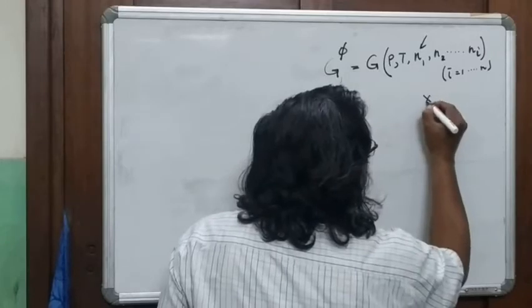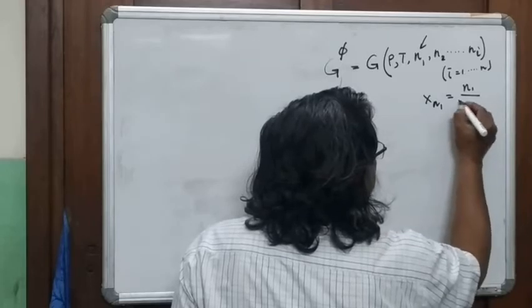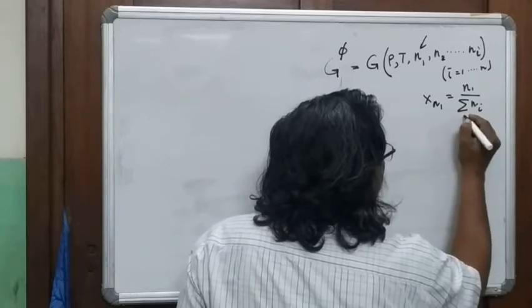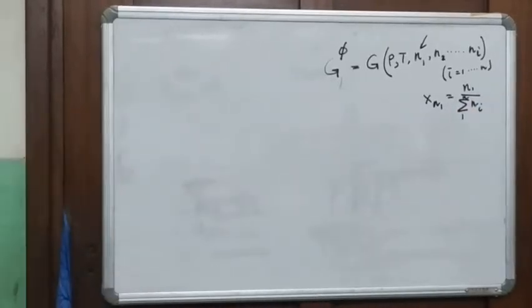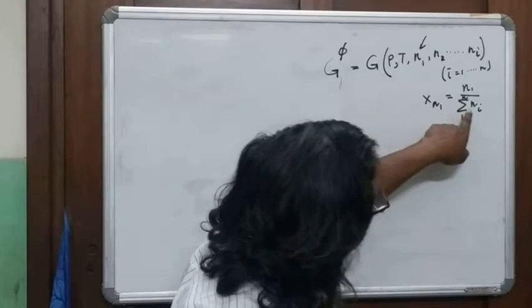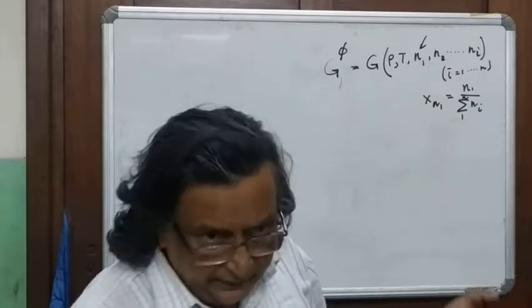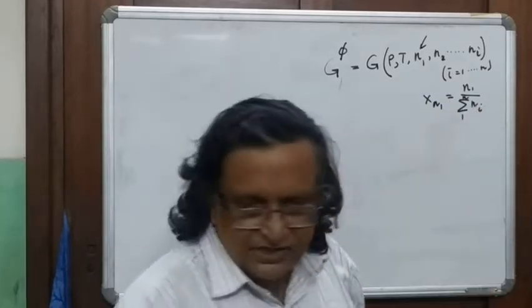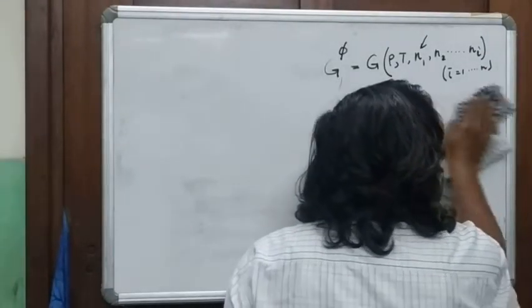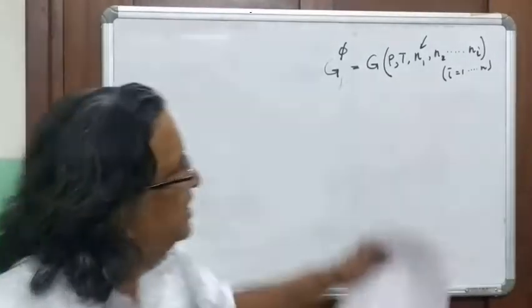So X1 is equal to n1 divided by the sum of ni, from 1 to n. Have you understood? So this is number of moles and this is mole fraction. What is mole fraction? X1 is equal to n1 by the sum of ni. X2 is n2 divided by the sum of ni, and so on and so forth. So this is how G is a function of pressure, temperature, and the number of moles or mole fractions.